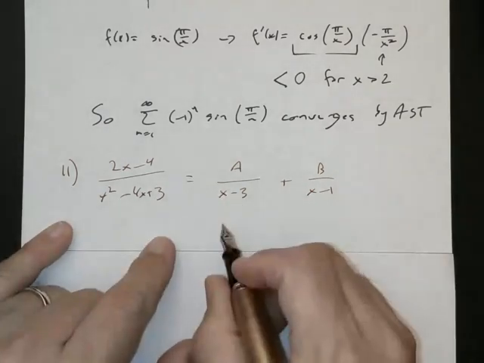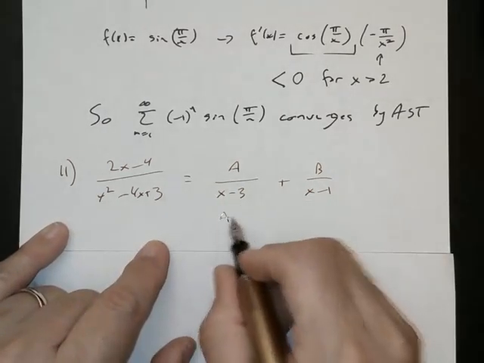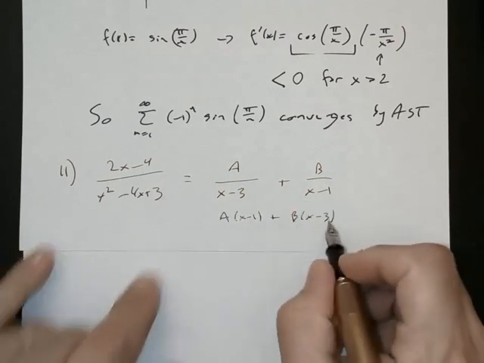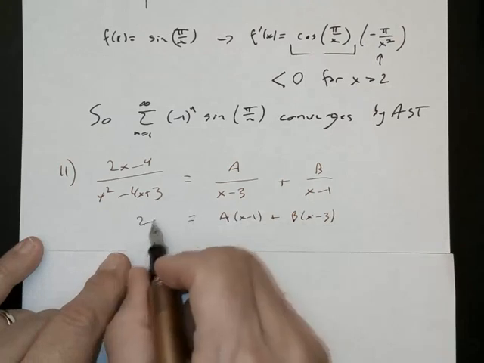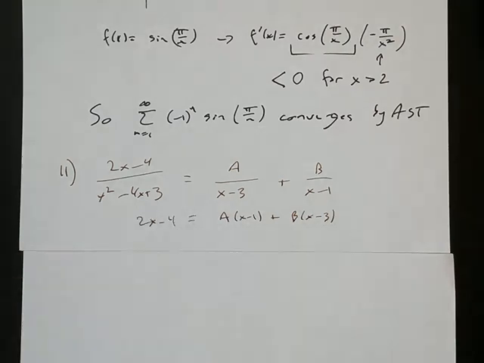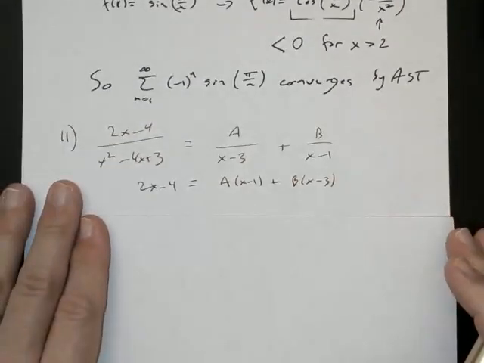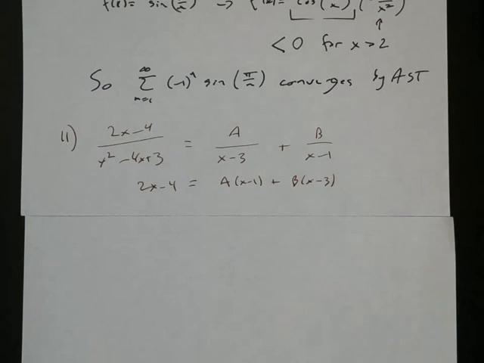So I have a times x minus 1 plus b times x minus 3 equals 2x minus 4. I now have to solve for a and b. Which method do you want me to do that with? I could rearrange, or I can do the plugging in method.